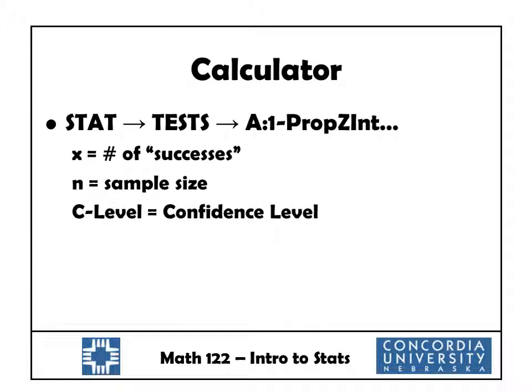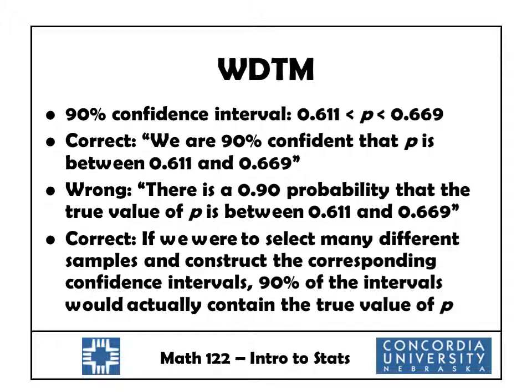Now we could do that by hand, or we could also use this one proportion Z interval command from the calculator. Either way you do it is fine, but be able to calculate a confidence interval for a population proportion.